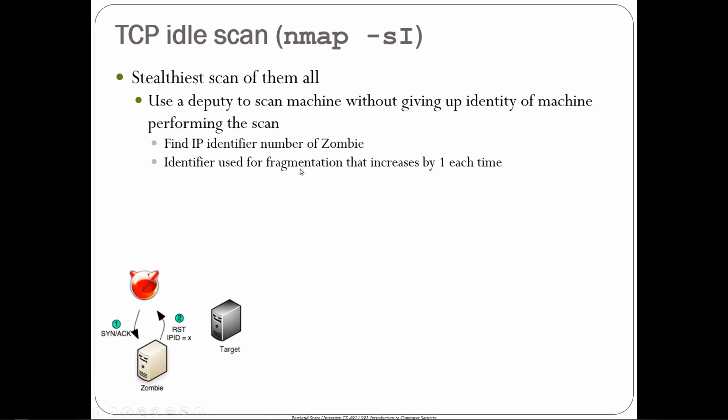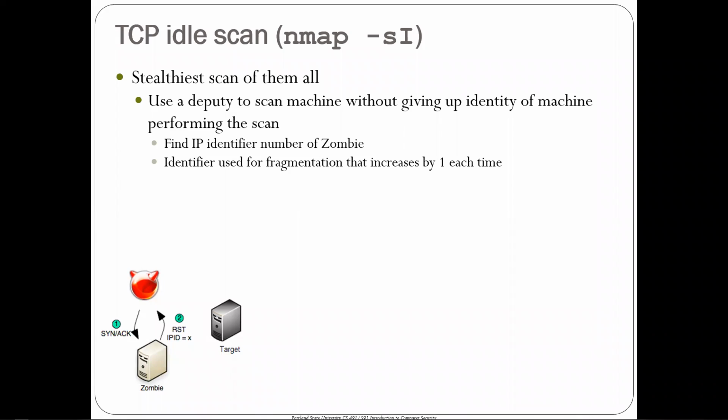What this idle scan is using is the IP identifier number used for fragmentation. I don't know if you recall, last week I talked about the IP header, and there's a set of fields for fragmentation.